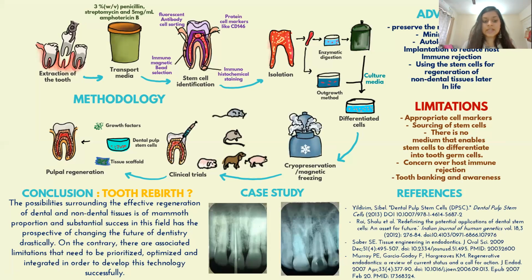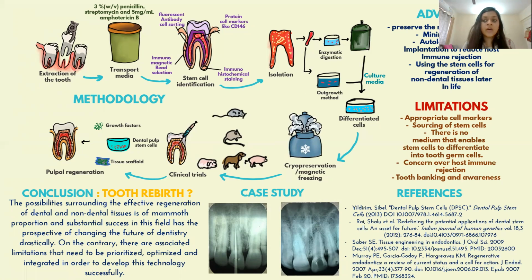And then these cells can be used for clinical trials. Once the clinical trials are successful, the combination of growth factor, dental pulp cells, and tissue scaffold can be used for successful pulpal regeneration. Now let's move on to the advantages and disadvantages of these methods.